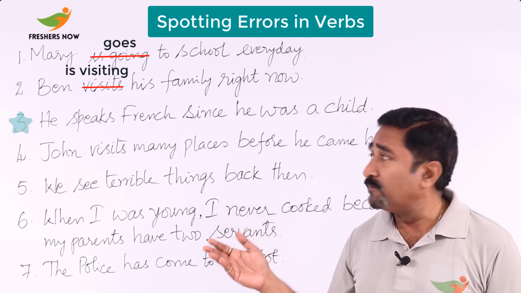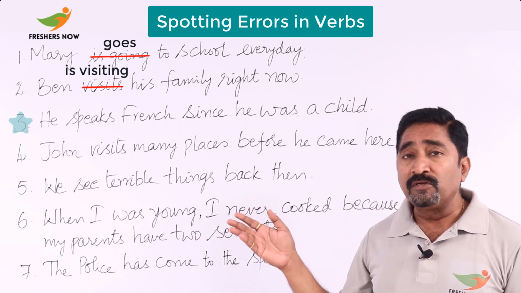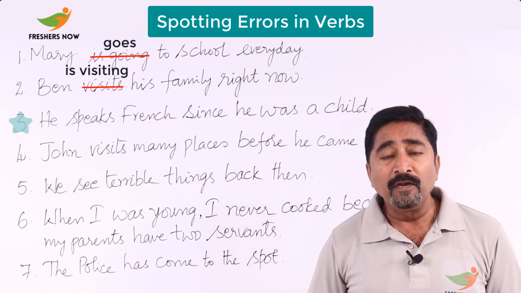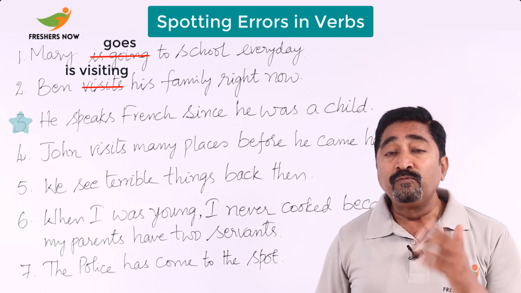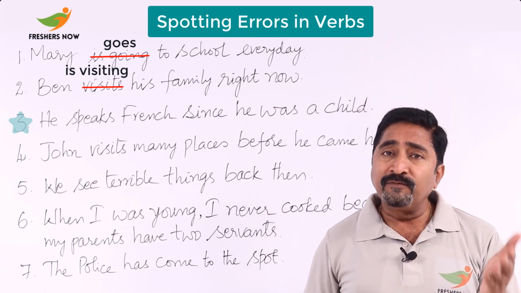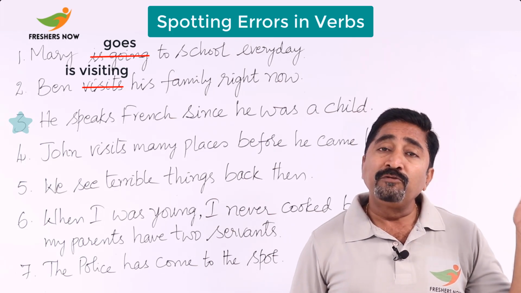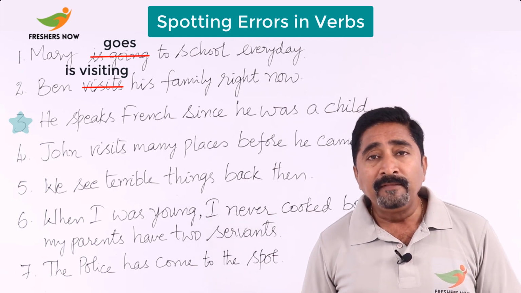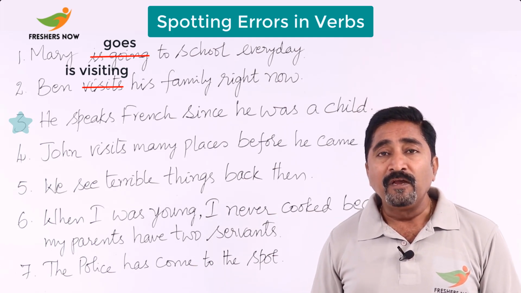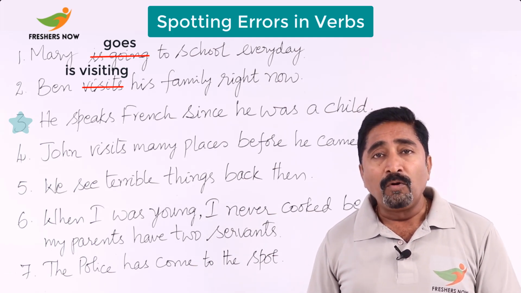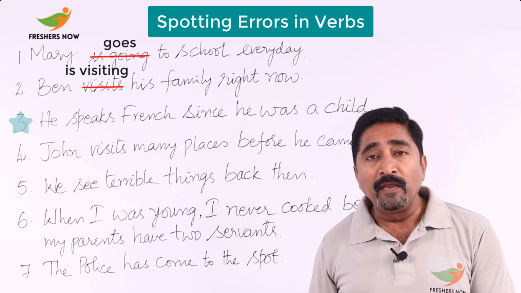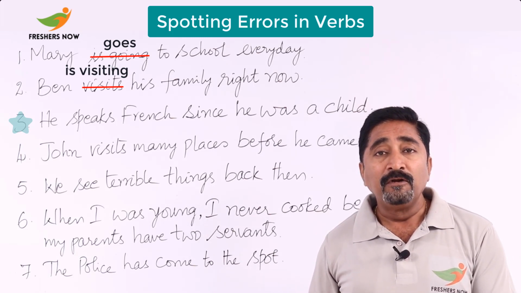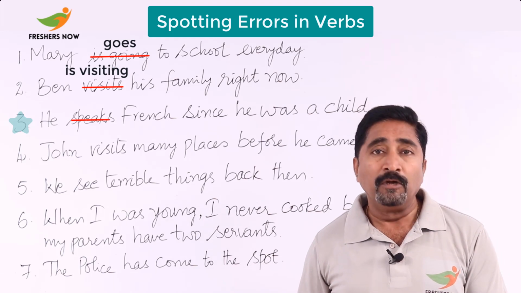Now let's see the next one. He speaks French since he was a child. Now, it was an act of speaking from a certain point of time in the past and even now in progress. In that case, we should use either have been or has been followed by adding ing to the verb, that is the action word.